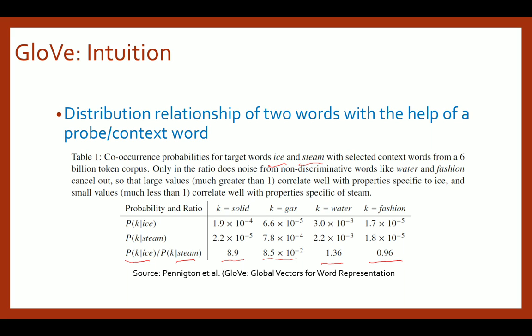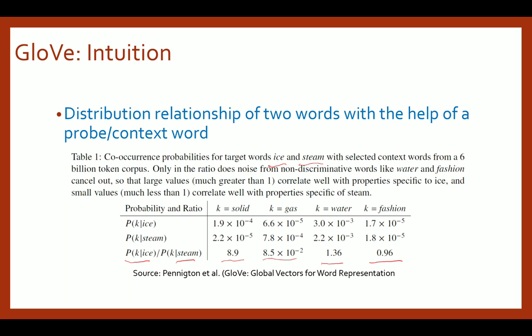This ratio allows us to discriminate between these target words, and helps to identify which words are very related to these target words, and how the ratio is going to behave if some words are more related to one of the target words. Based on that, we can understand.